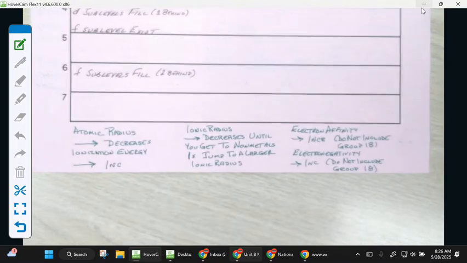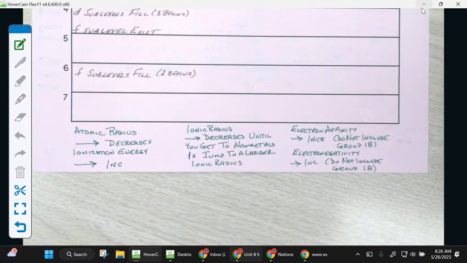What would happen as we go down a family? What element has the easiest time giving up an electron? So what happens to ionization energy as you go down? It decreases. It becomes easier.